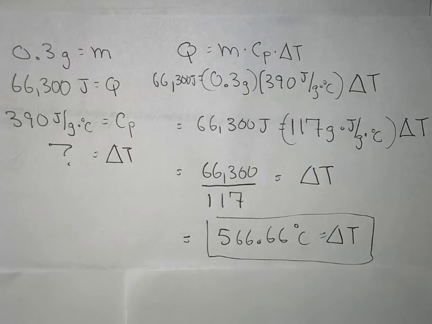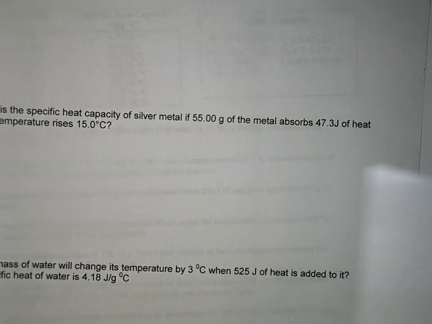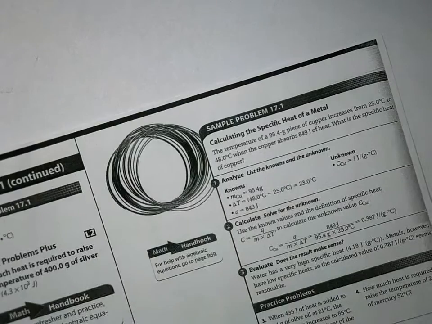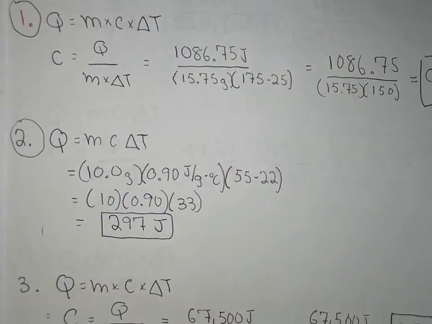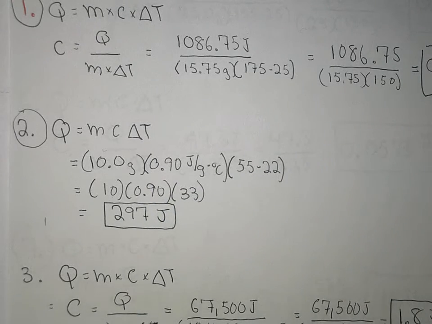Okay, so I'm going to go ahead and put up the answers to the rest of the problems. Most of them are solved just like the ones I went over. Okay. So for the first worksheet, that's this one right here.